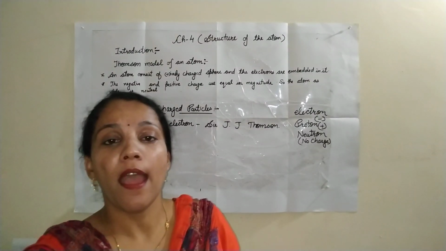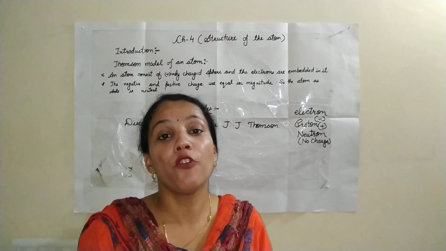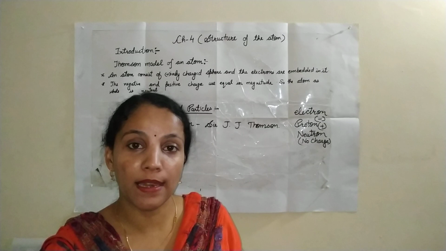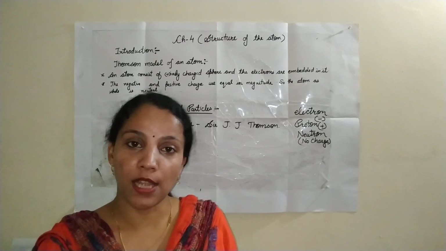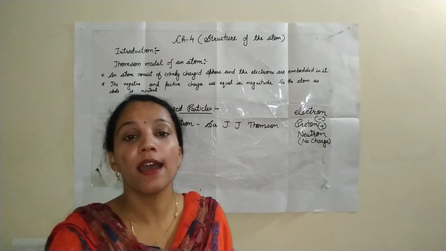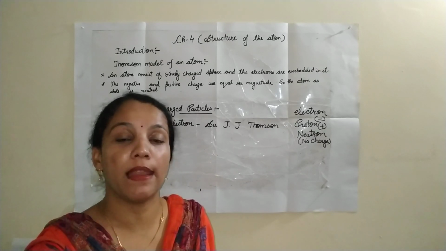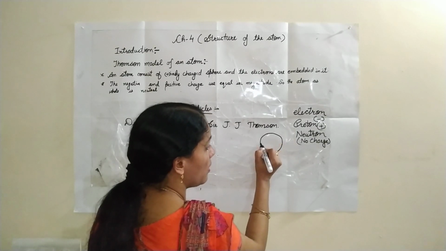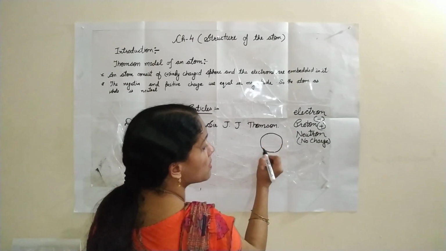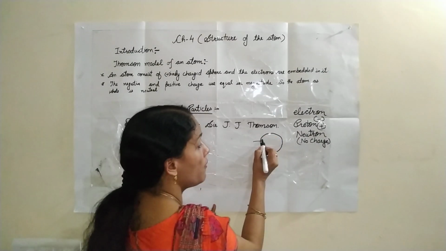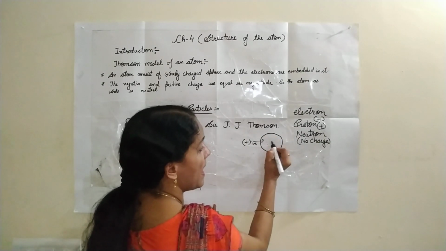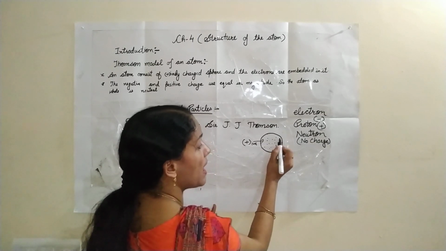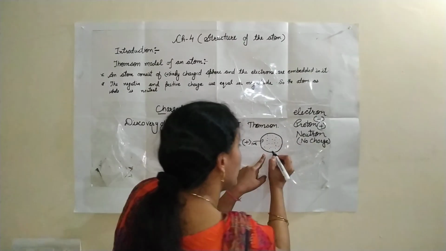He said that the atom is like a watermelon and all the red edible part inside that watermelon is of positive charge, and the small seeds that are embedded inside that watermelon are of negative charge. Just see here, if it is a watermelon, all this red edible part is of positive charge, and these small seeds that are embedded inside this edible part are of negative charge.